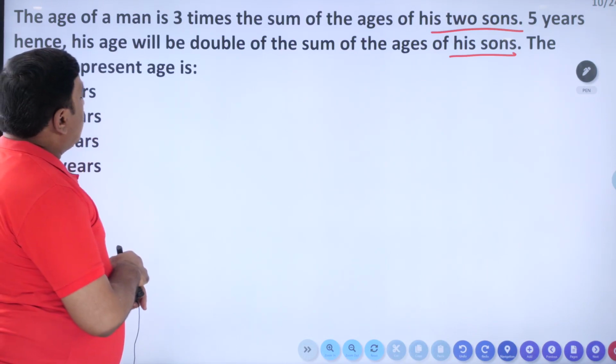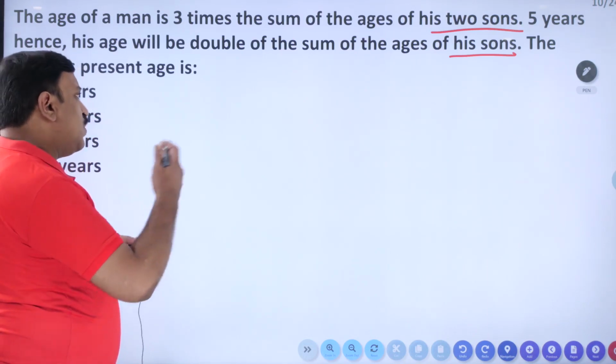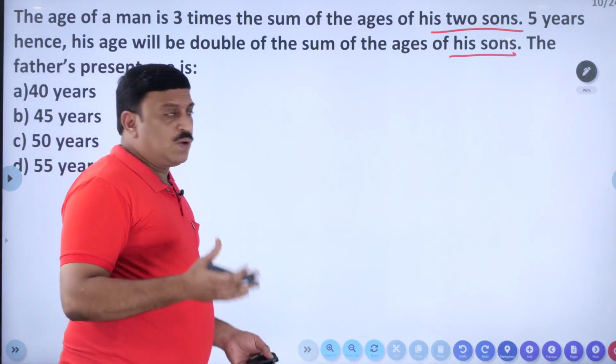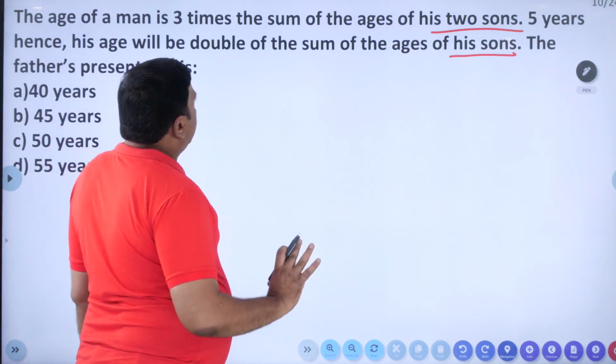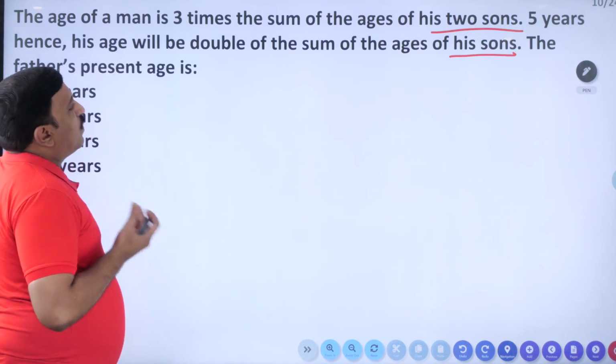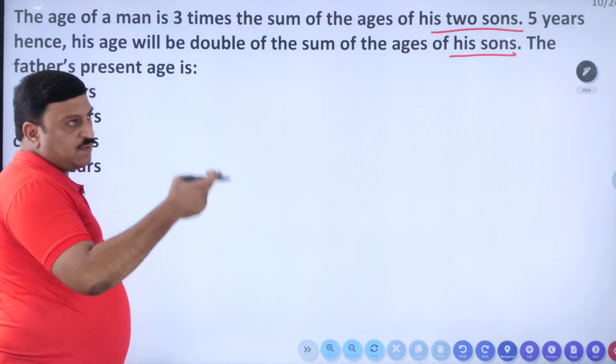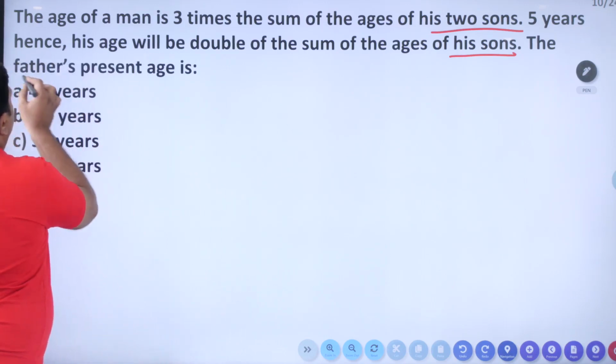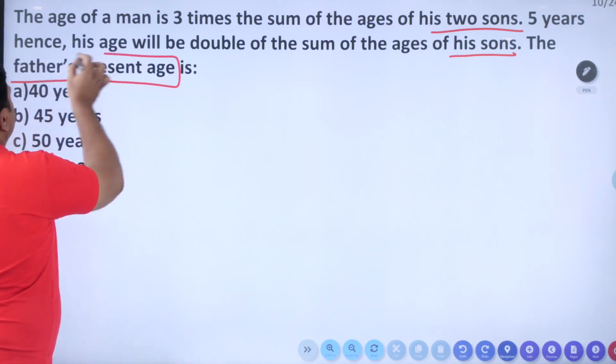The age of a man is 3 times the sum of the ages of his sons. We don't know how many, two sons are there, but how much their age is, we don't know. But they say it is 3 times the sum of the ages of his two sons. We need the question here, finally, whose age do we need?